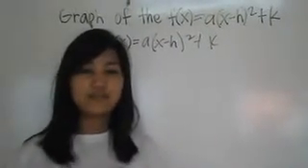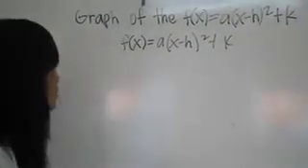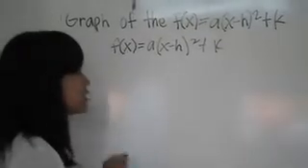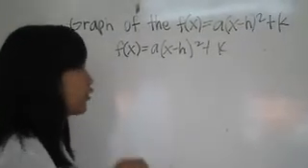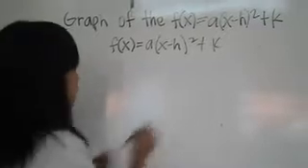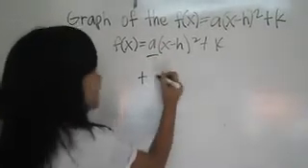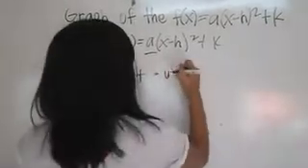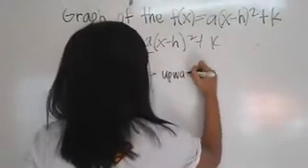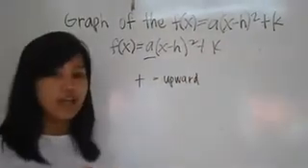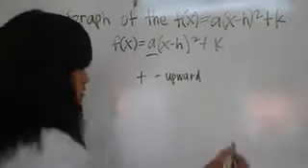Hi everyone, I'm Generous again and I'm here to discuss the graph of f of x equals a times (x minus h) squared plus k. If the value of a is positive, then the graph opens upward. And if the value of a is negative, then the graph opens downward.